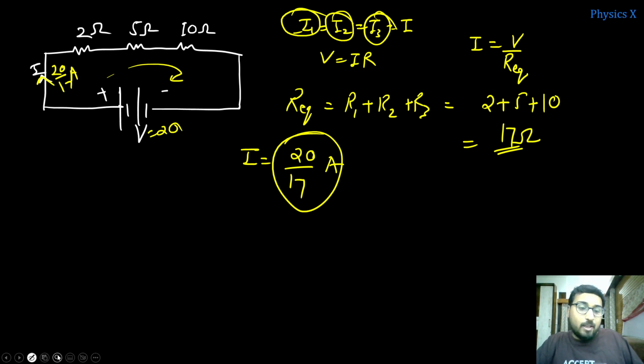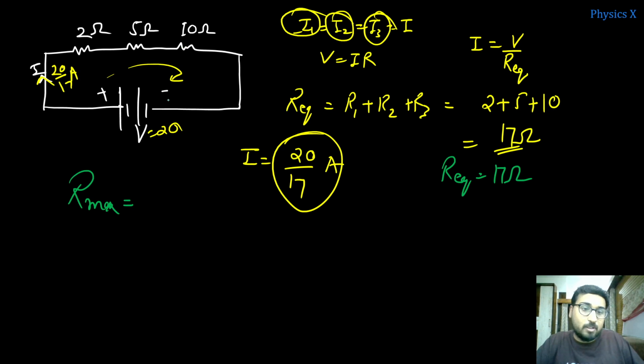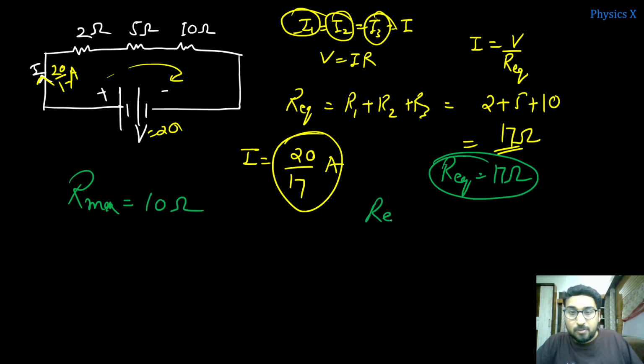And now, for the series combination, the value of R equivalent is 17 ohm. What is the maximum value of resistance in this series combination? 10 ohm. So you can see that R equivalent is greater than the maximum value of the individual resistance in series combination.